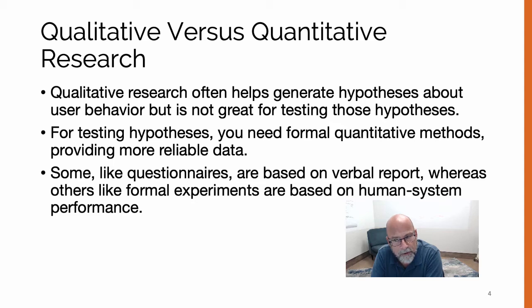For that, you use quantitative methods. Some things like questionnaires can be based on verbal report, whereas others, like formal experiments, are usually based on human system performance. For example, whether the person was successful using the product or not, or how long it took them to complete a task with the product.